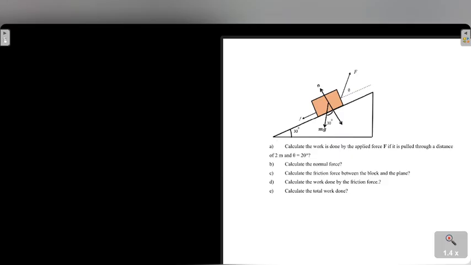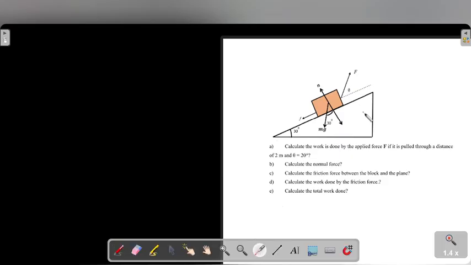That's the diagram which is trying to show what is happening here. We have a block on an inclined plane, placed at an angle because this is an inclined plane. This inclined plane forms an angle of 30 degrees.